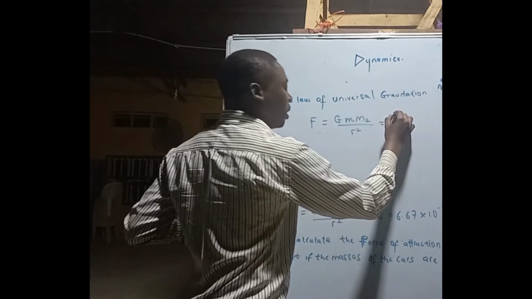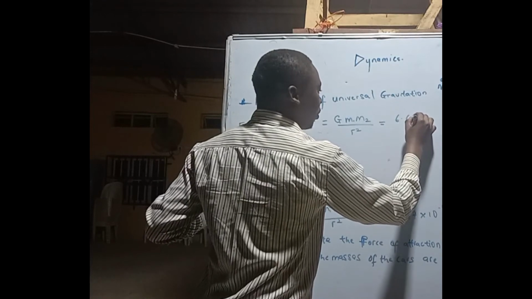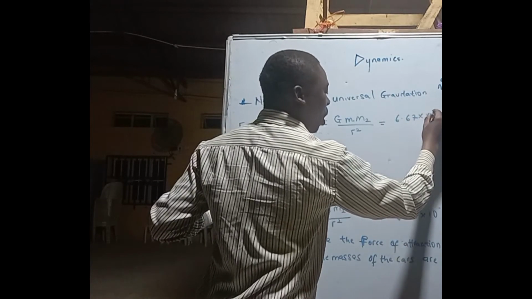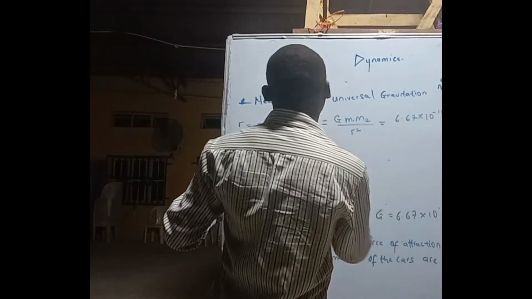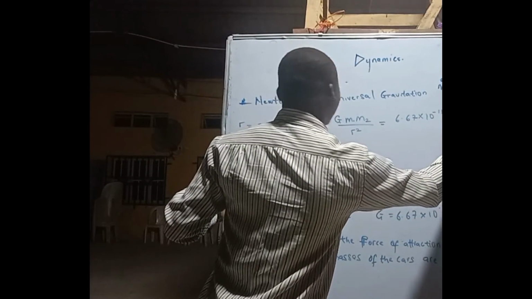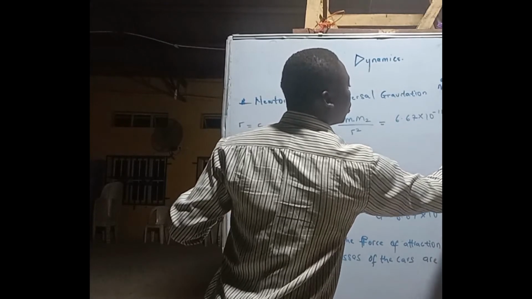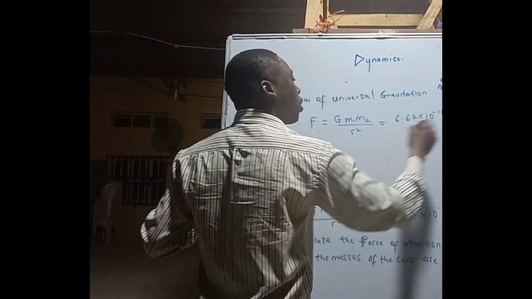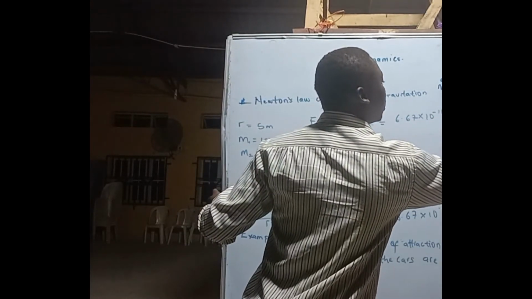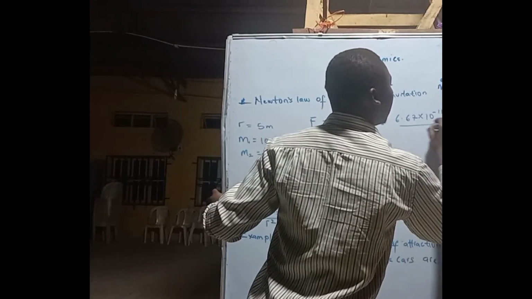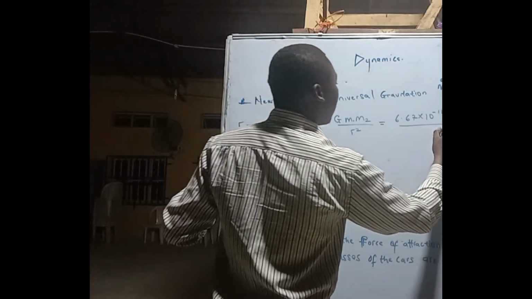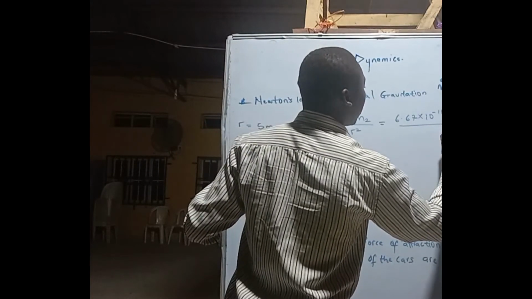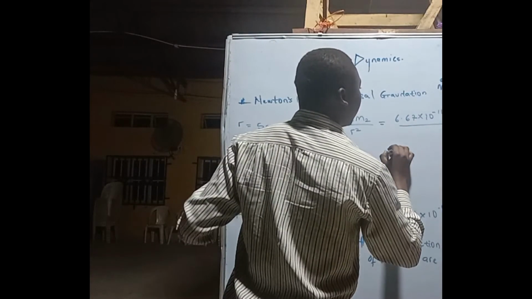So our G is 6.67 times 10 raised to power minus 11, multiplied by the first mass, that's 1000 kg, multiplied by 1200 kg, divided by the square of the distance between them.